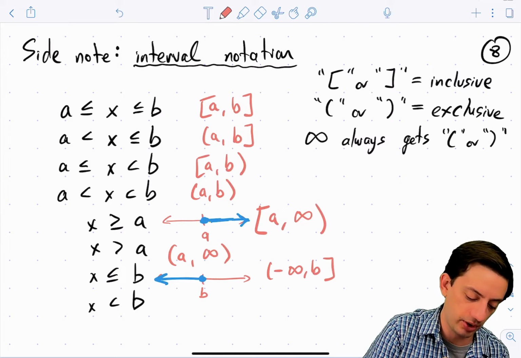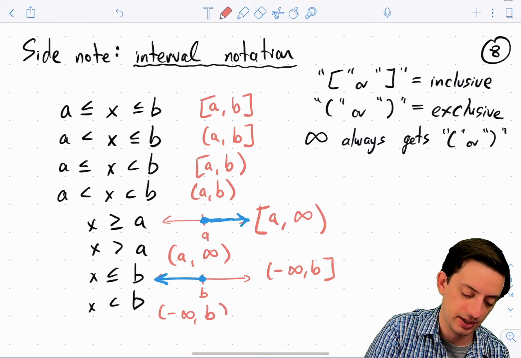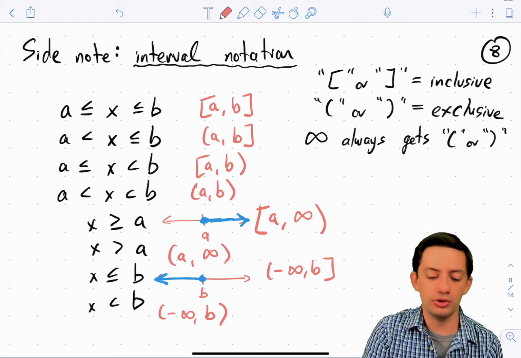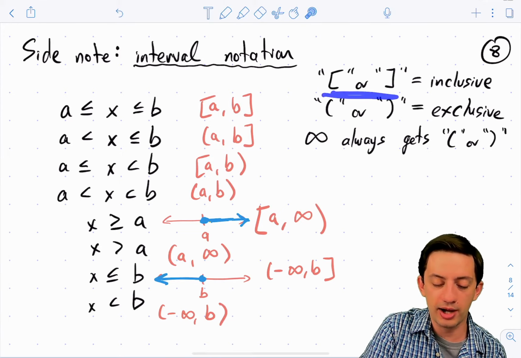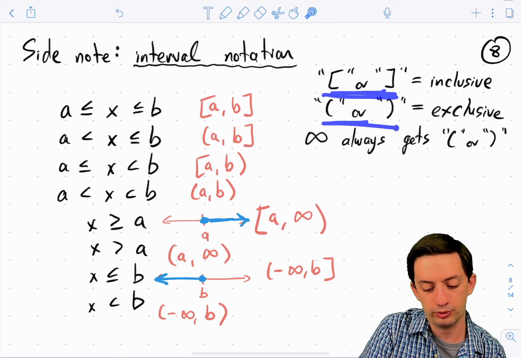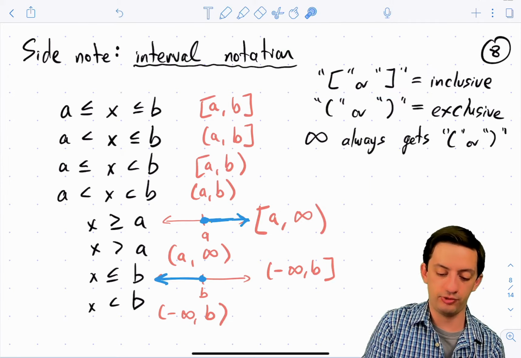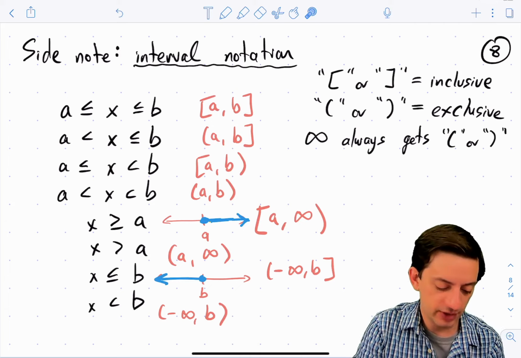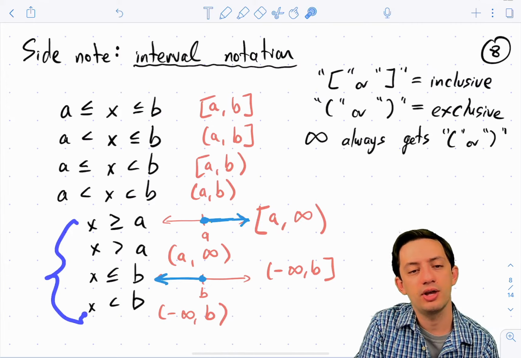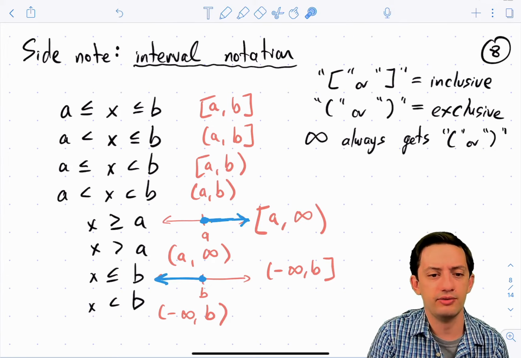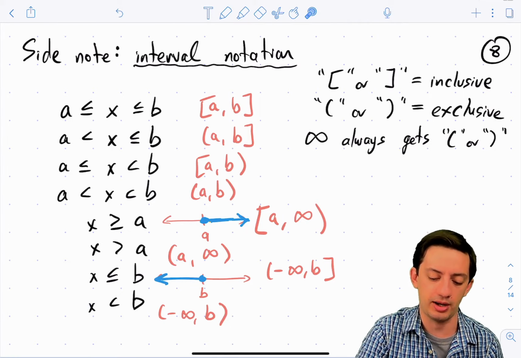And the example right below it goes from negative infinity on the left to b exclusive. OK, so the key here is square brackets when you include the point, parentheses when you don't. Infinity always gets parentheses. And you just have to be careful with some of these examples that you think about, is the point I have a left endpoint or right endpoint?